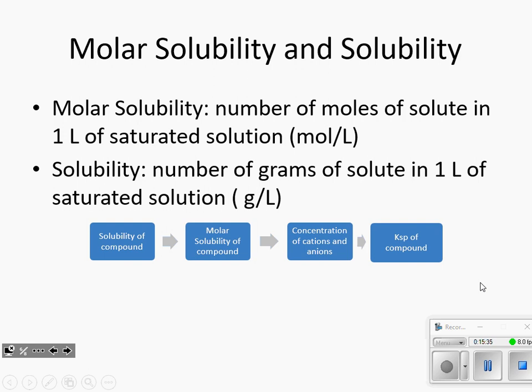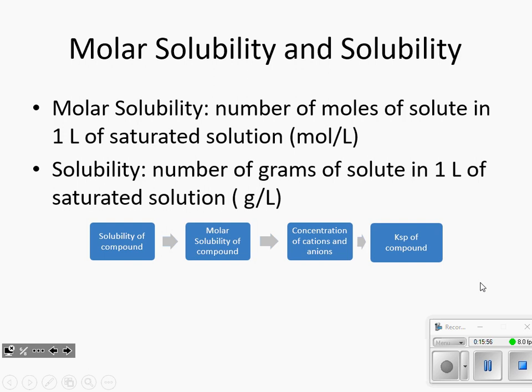So these four blue rectangles are the path that we go about doing it. We could give you the grams per liter that could be dissolved for any of these things. From there, you can convert to moles per liter, molar solubility.